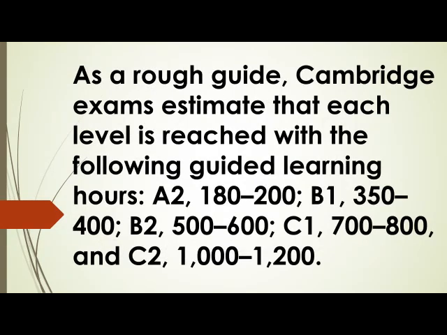As a rough guide, Cambridge Exams estimates that each level is reached with the following guided learning hours: A2 108 hours to 200 hours, B1 350 hours to 400 hours, B2 500 hours to 600 hours, C1 700 hours to 800 hours, and C2 1000 to 1200 hours.